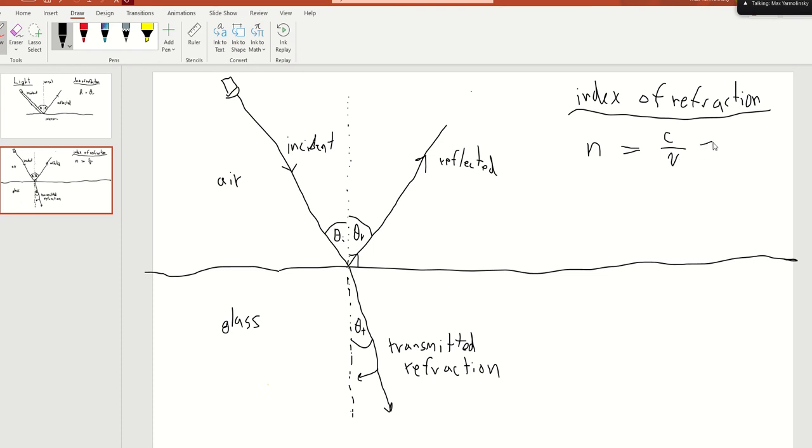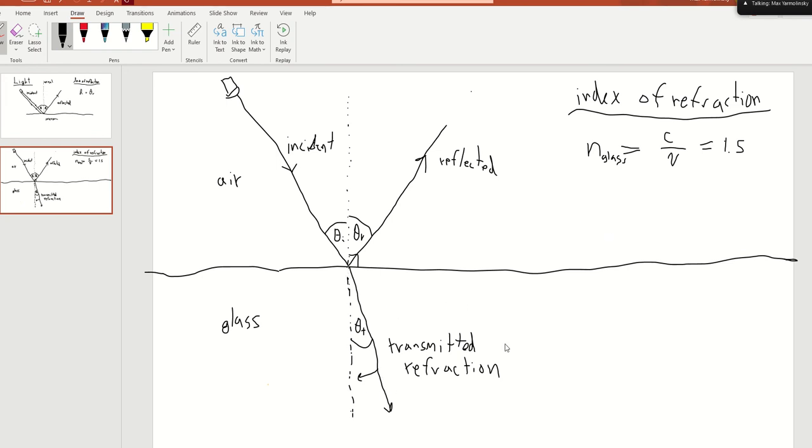For example, N for glass is equal to 1.5. Because when light hits the glass, it slows down. So the speed of the light going through the glass is going to be less than the speed of the light through the air. C is the speed of light through air. So the light is traveling faster in air, but because glass is more dense, it will slow down.